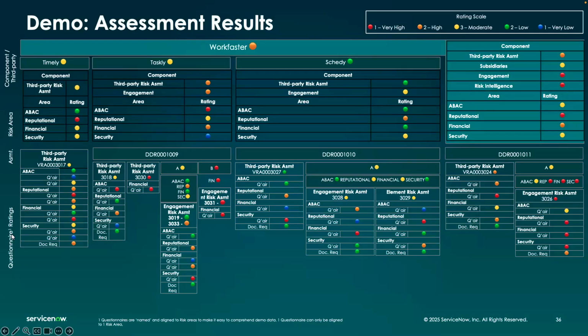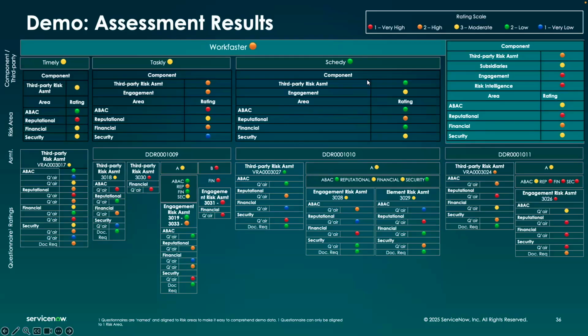This is the assessment of the third party Timely. Taskly has two components, third party risk assessment and engagement. Here in the screenshot, you see that it has a third party risk assessment, as well as more than one assessment, and you have two engagements.